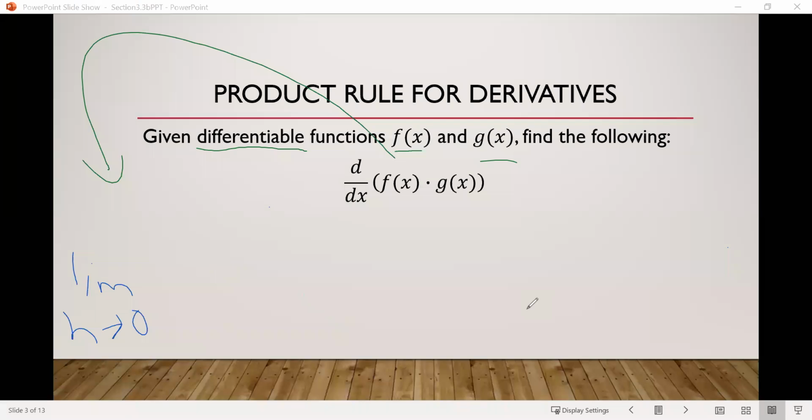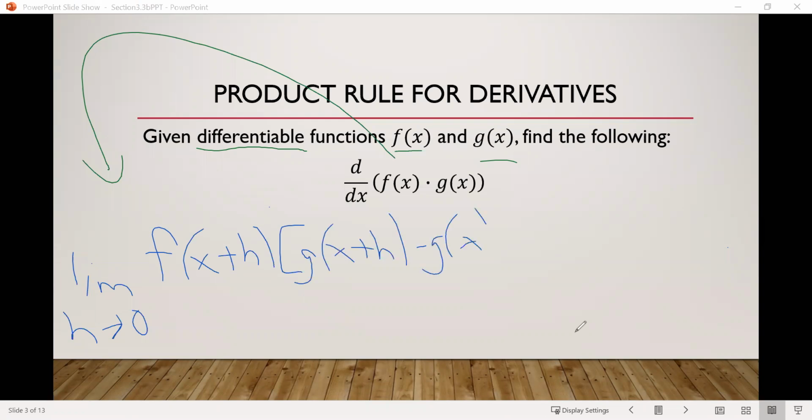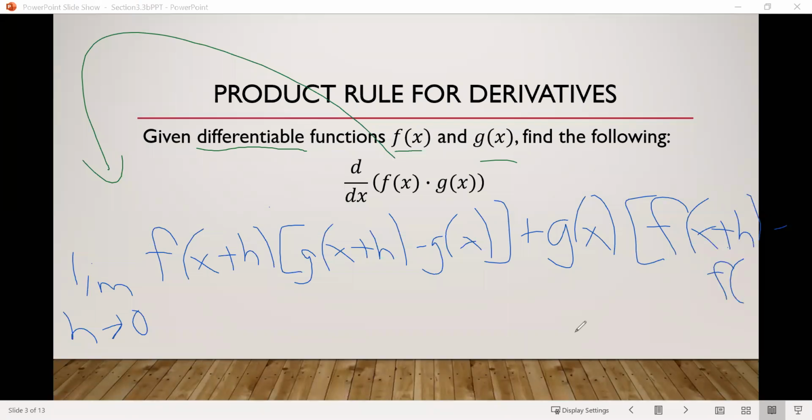So if I factor those out, what we have now is something that looks like this. I will have f of x plus h times g of x plus h minus g of x, plus g of x times f of x plus h minus f of x.